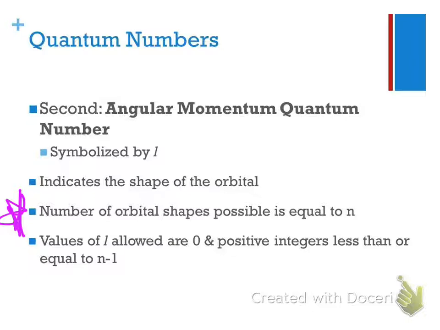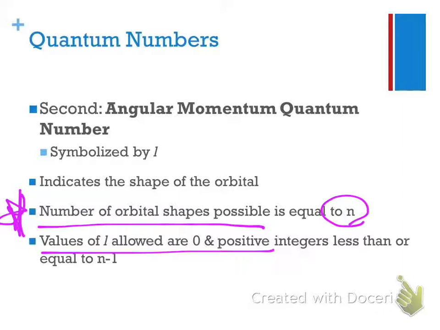That's what it means when it says the number of orbital shapes possible is equal to n. And then I can break it down a little further. Values of L are 0 and positive integers less than or equal to n minus 1.